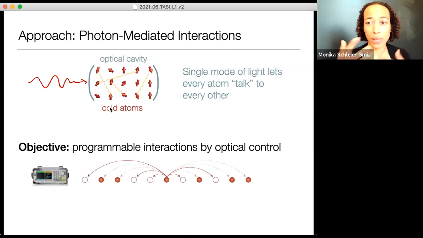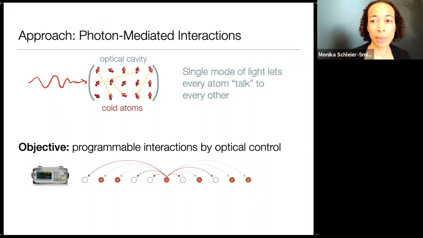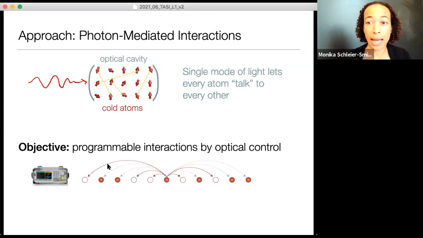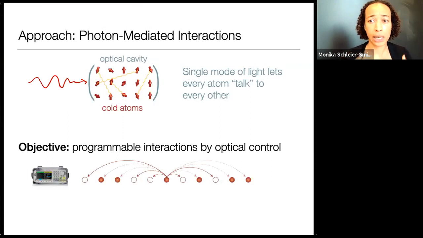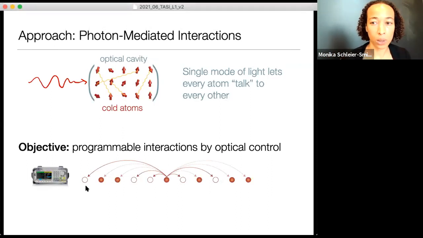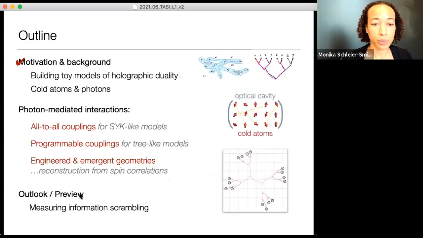And in the simplest case, every atom actually does talk to every other atom. And then the challenge that we've most recently been addressing is how can one start to break down and program the structure of interactions so that we can explore, for example, how the dynamics of the quantum system depend on the connectivity of interactions, going beyond the local interactions that are most natural.